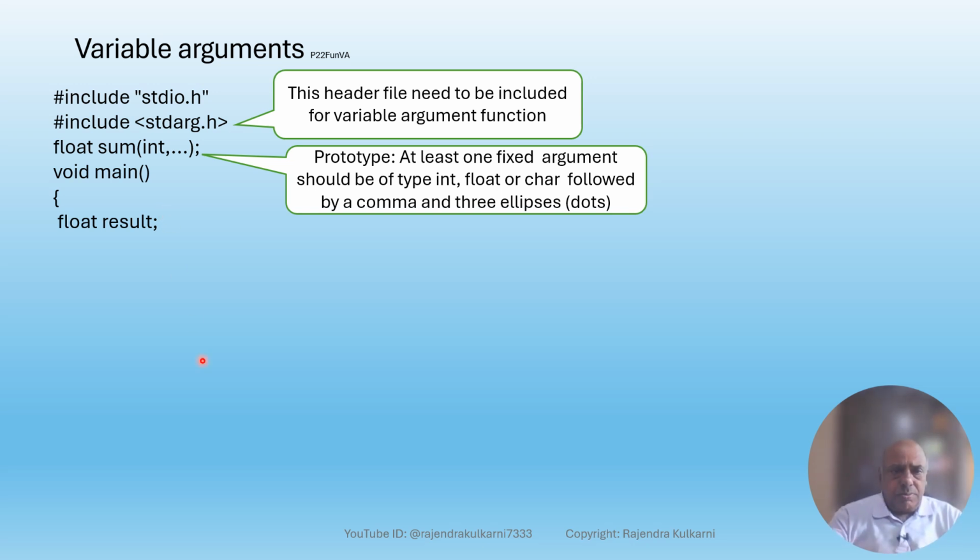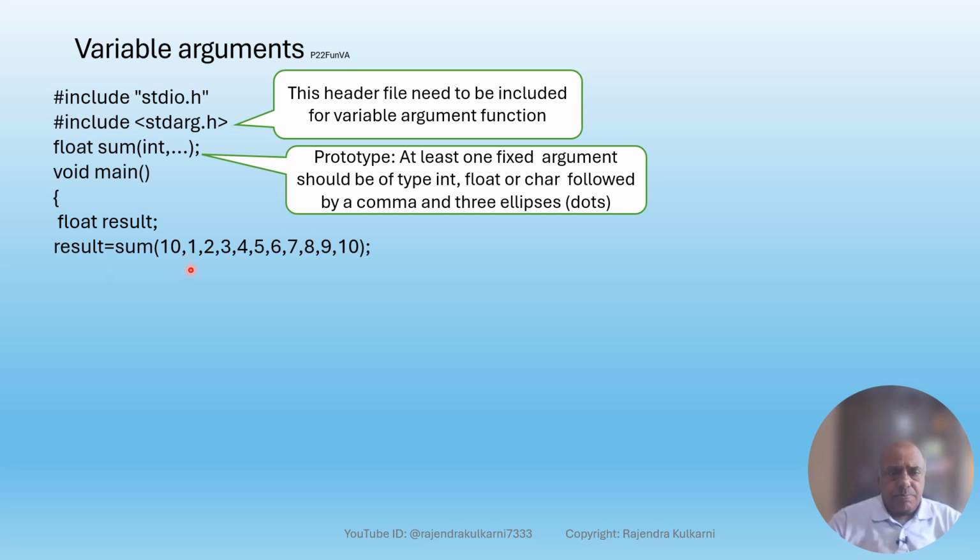Then in void main, result is a float type variable we have declared. To this result we are assigning the value returned by the function sum. When we call the variable argument function, the first argument should be the number of arguments we intend to pass.